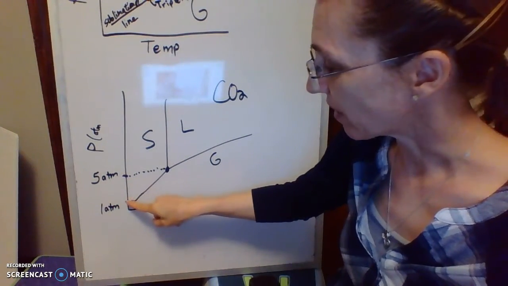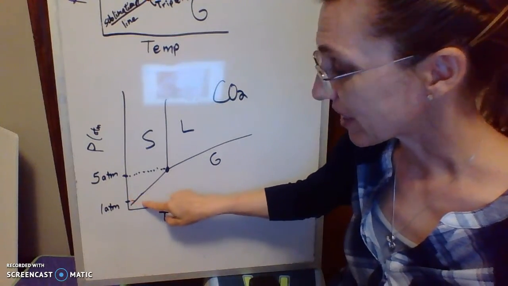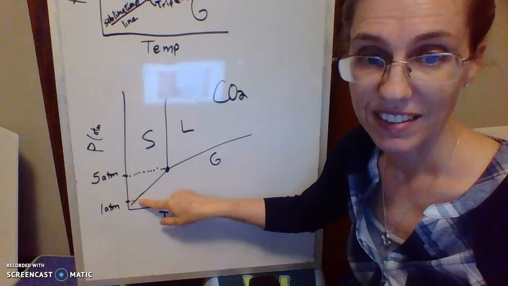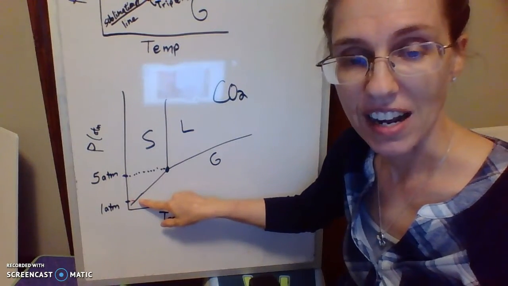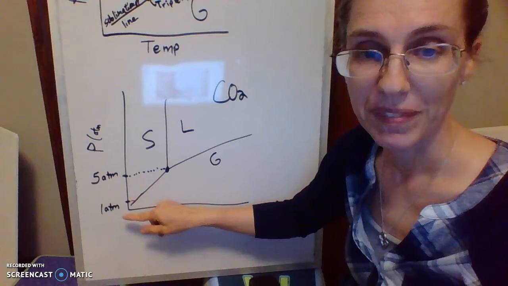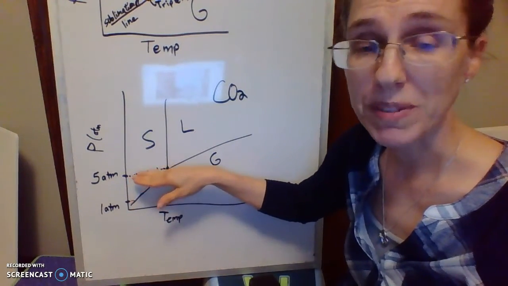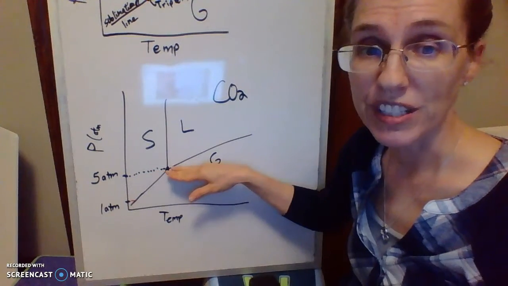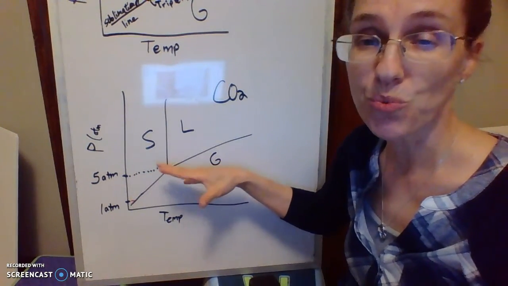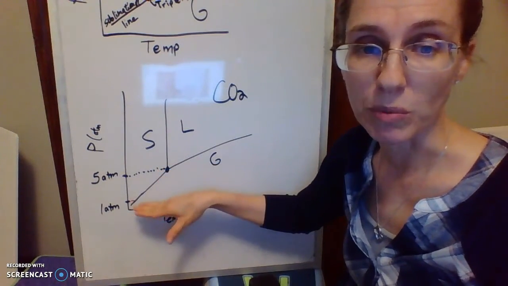At 1 atmosphere, that's where we live, you can see that there's a solid phase and there's a gas phase. There is no liquid phase. Right? That's why dry ice goes through sublimation and deposition, because it doesn't have a liquid phase at 1 atmosphere. You have to get all the way up to 5 atmospheres in order to even see liquid. So that's a really, really high pressure. It's 5 times the pressure of our normal atmosphere.